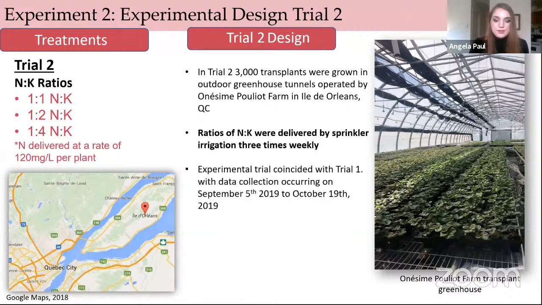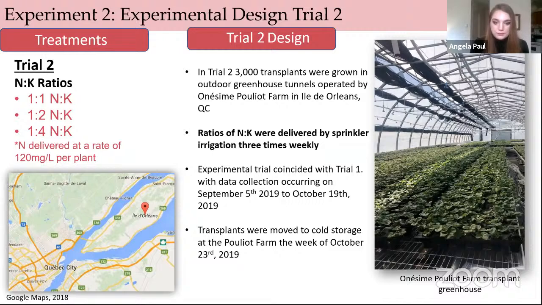And then experimental data collection coincided alongside trial 1, with data collection occurring on October 5th and going until October 19th to keep that consistent as well. And then transplants were also moved to cold storage by the farm staff starting on October 23rd in 2019. And then I continually took data and collected plants throughout the winter.